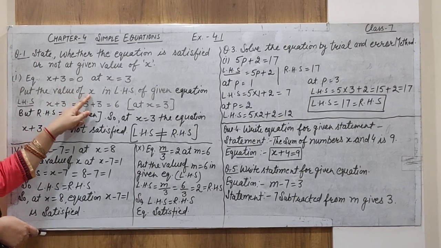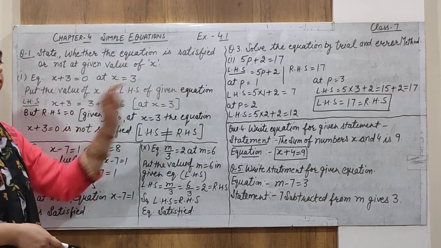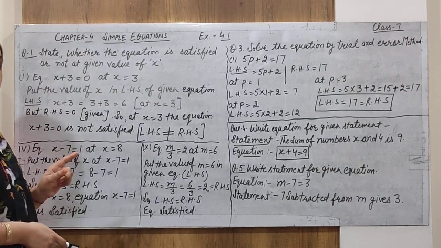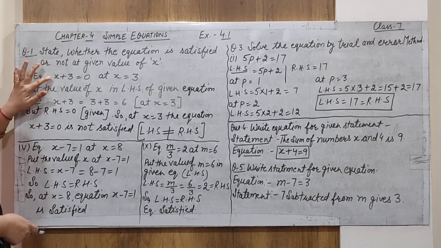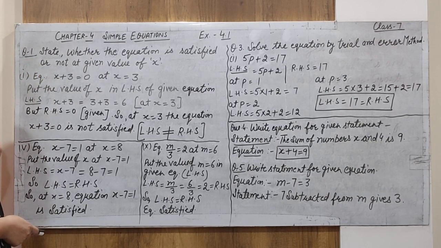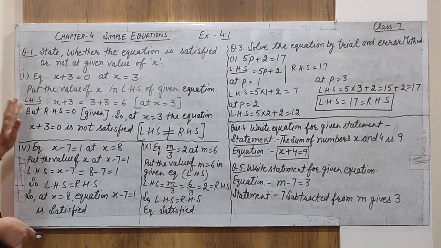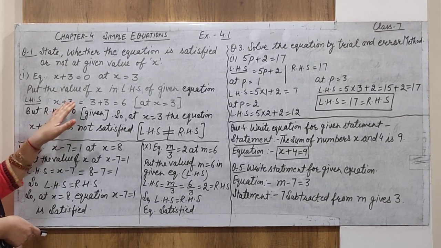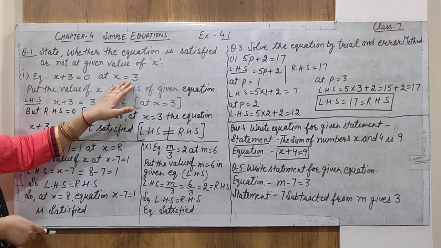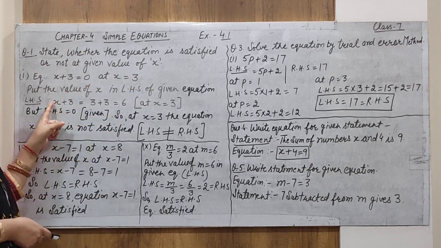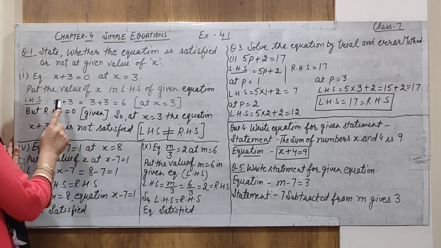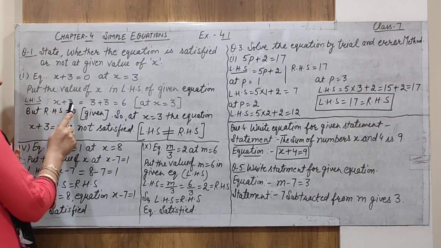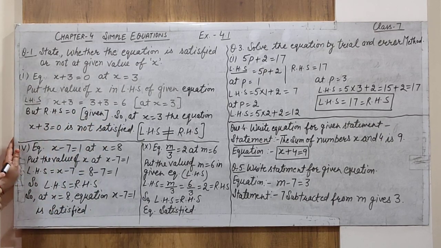Put the value of x in the left hand side of the given equation. Why in the left hand side? Because x is given in the left hand side of this equation. Now the left hand side is x plus 3. Put the value of x which is given, x is equal to 3. So we have to put 3 at the place of x, and the other constant is not affected by this.